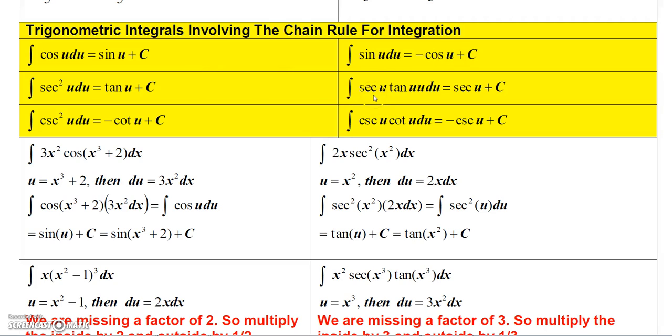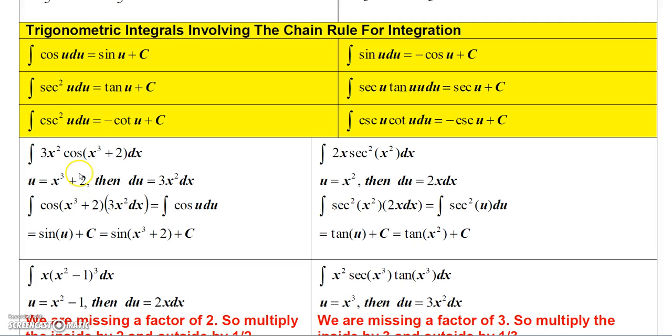If you can get it in the form of secant u tangent u du, it integrates to secant u plus a constant. There's an extra u there that shouldn't be there. Just notice that. And then if you integrate cosecant squared u du, it's minus cotangent u plus a constant. And if you integrate cosecant u cotangent u, it's minus cosecant u plus a constant. Okay, so the trick is, can you get them into that form?